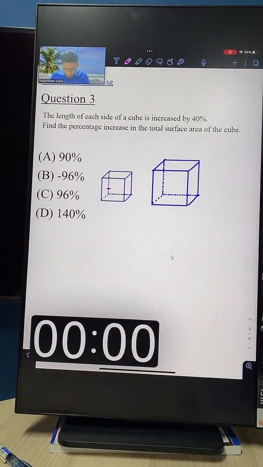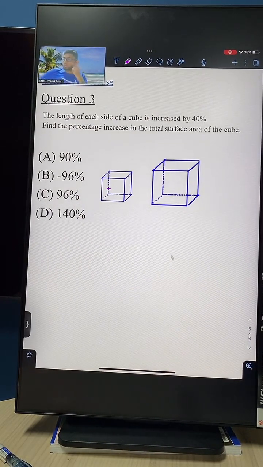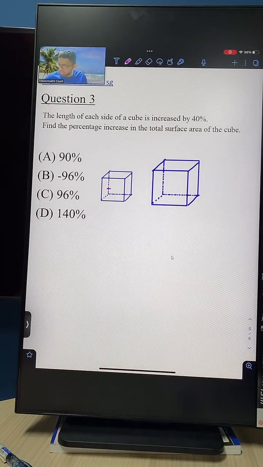Let's blast off. Okay, friends, the length of each side of a cube is increased by 40%.